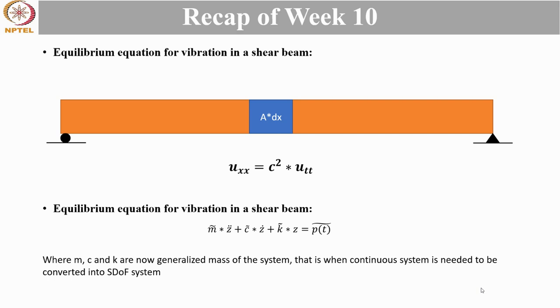That is, we converted the continuous system into a single degree of freedom system using generalized parameters so that it can be easily solved. Last session, we also saw one numerical on how this conversion is done, and then how, using the basic single degree of freedom solution techniques that we have already learned, we can solve a continuous system and comment on its safety.